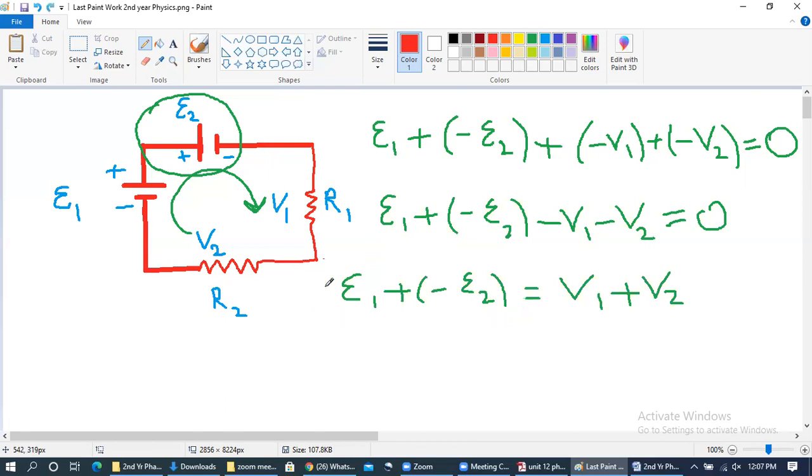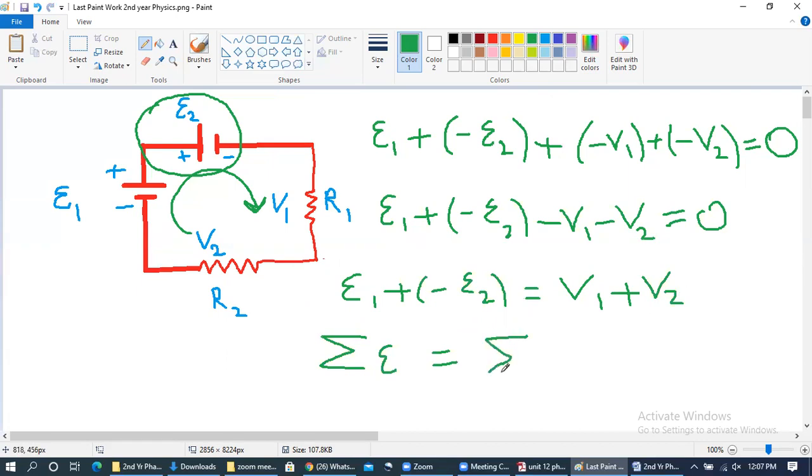So this is the sum of all EMFs, means you may write it as summation, this is the capital sigma. Capital sigma is the symbol of summation. So summation of all epsilon is equal to, on the right hand side it is V1 plus V2, means all voltages.